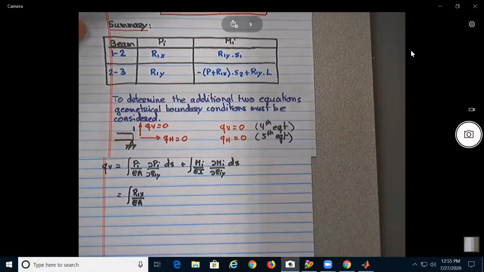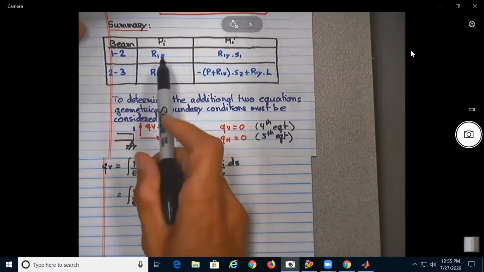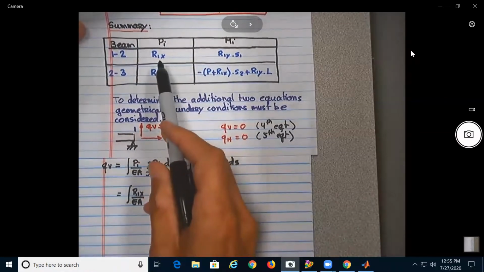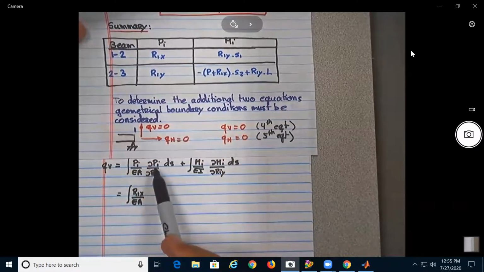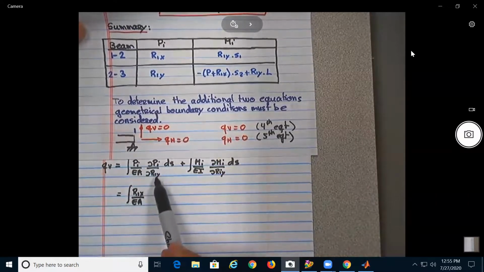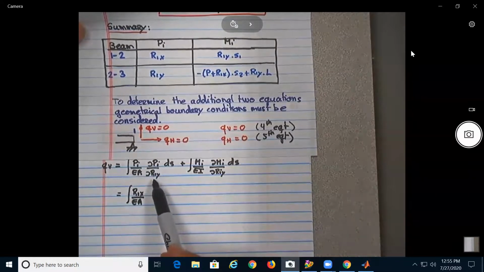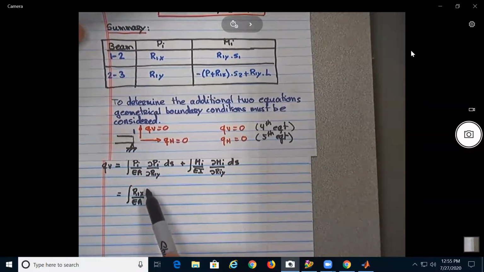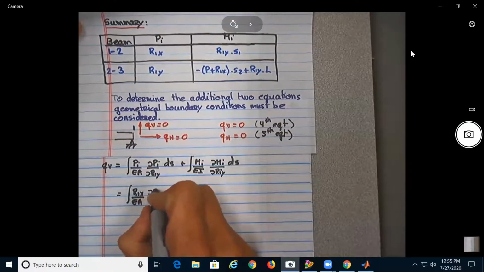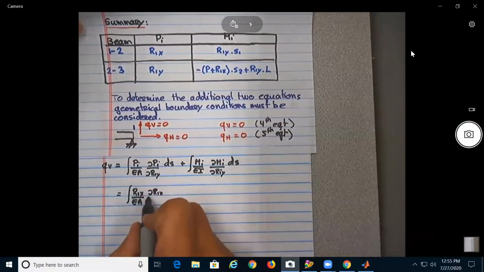So we had P1 here equal to R1x, no? Now if you take the partial derivative of P1, which is R1x, with respect to R1y, that should be equal to what? Zero, no?